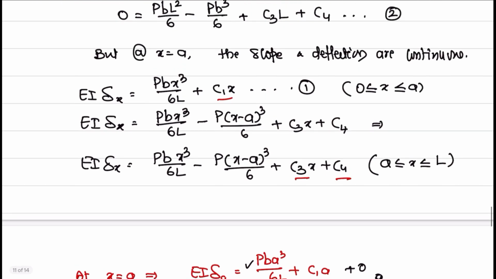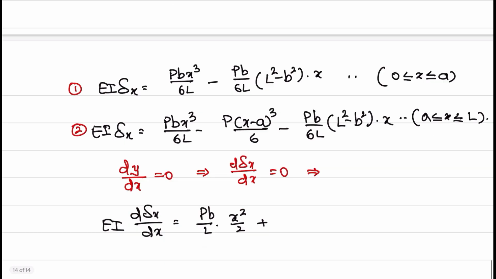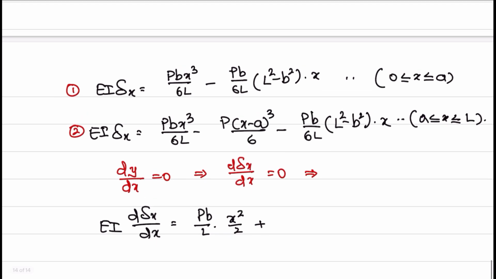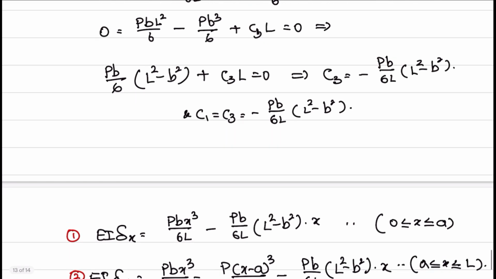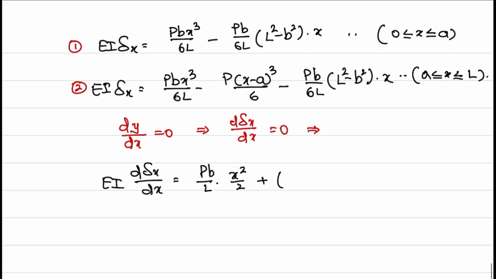What is the value of C1 we have got? C1 and C3 are same. We have got the value of C1 as previously minus PB by 6L into L square minus B square.